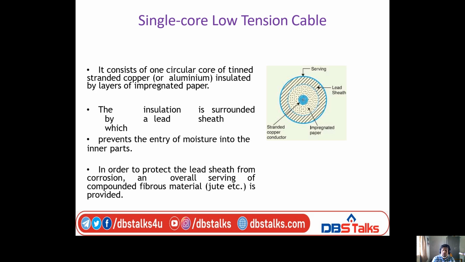So the lead sheath is used to prevent moisture from entering the inner parts. In order to protect the lead sheath from corrosion, an overall serving of compounded fiber material like jute is provided.